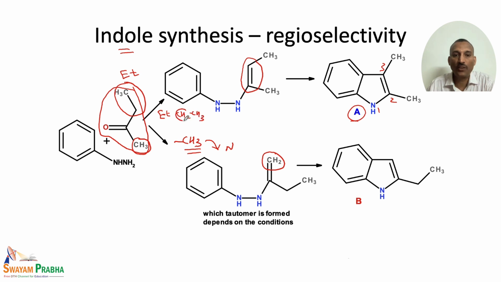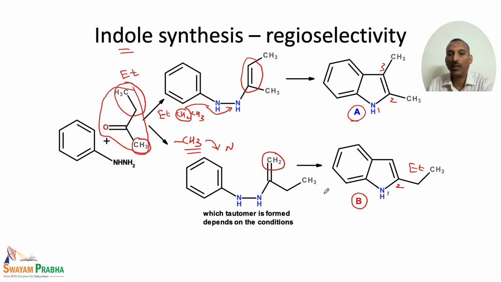So from this CH2 group one hydrogen is given to this nitrogen. So we have the double bond as shown here. So when the methyl group hydrogen is shifted, the external double bond is formed here, and that leads to the product B. Here we have the 2 substitution, which is basically an ethyl group. So instead of 2,3 dimethyl indole, we are getting an ethyl indole, 2 ethyl indole.